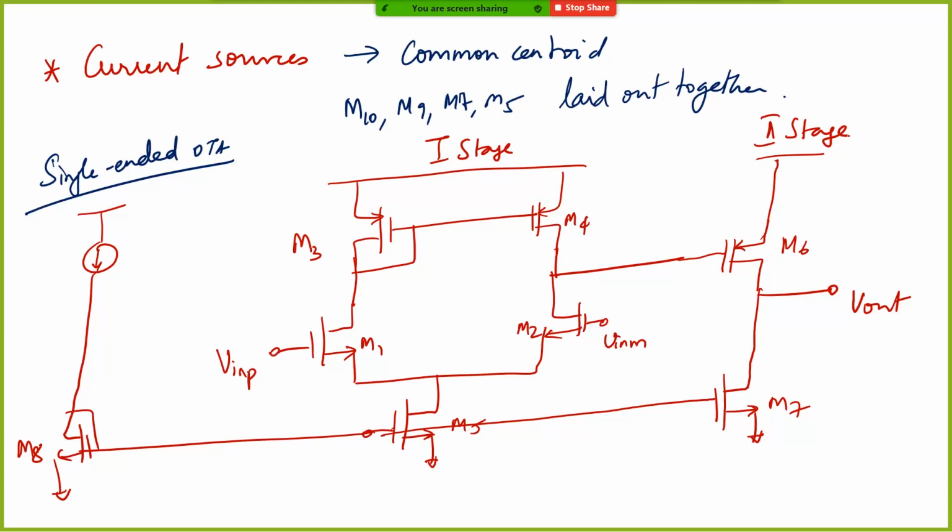Why? Because the noise of stage 2, in this case, let me just write the noise of M6 and M7. Of course, you have the noise current sources across all the transistors. Now, what we can say is the noise of, let's say, 4kT gamma (gm6 plus gm7) will be divided by the overall gain.